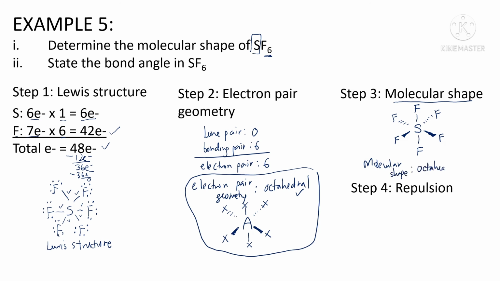To minimize the repulsion, the bonding pairs will stay as far apart as possible to give the bond angle 90 degrees. So what type of repulsions are involved? Only bonding pairs involved. Therefore, in step number 4, only bonding pair repulsions are involved, and the 6 bonding pairs repel each other equally to give a bond angle of 90 degrees.